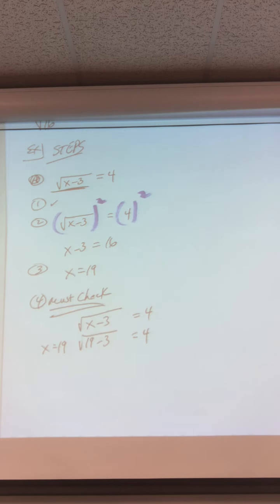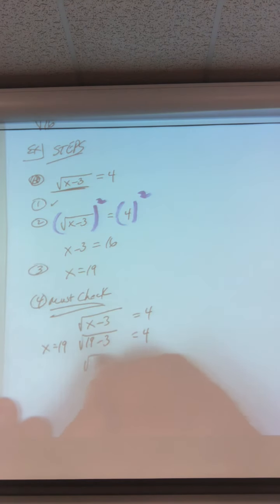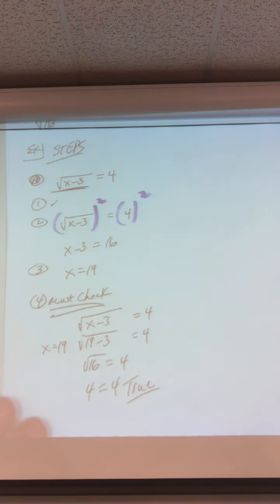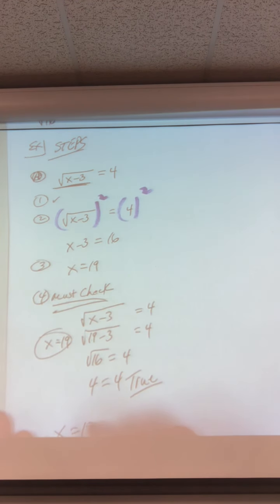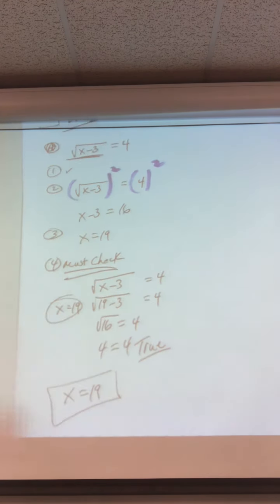We do that when we're solving it. When you're checking it, do the math. So 19 minus 3 is 16, and the square root of 16 is 4. That is certainly true. So that means that the number that I checked made my equation true, which means that is the solution to the equation.